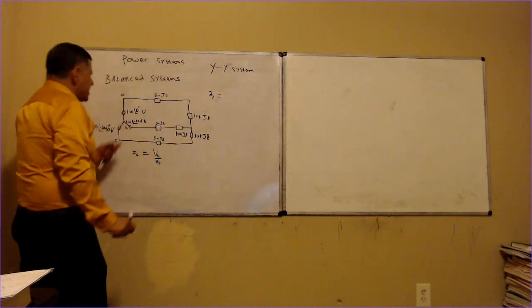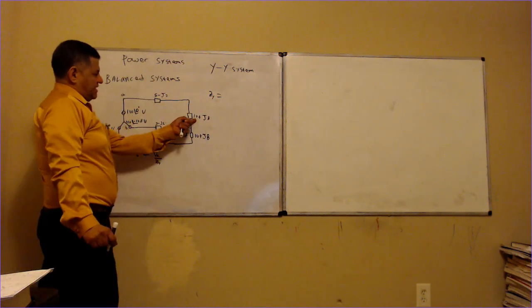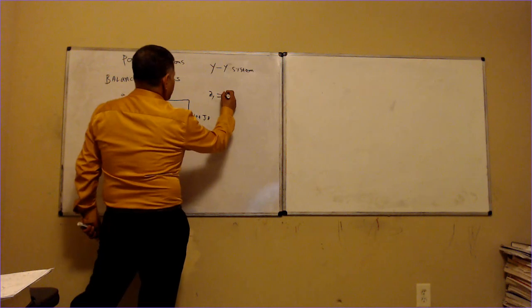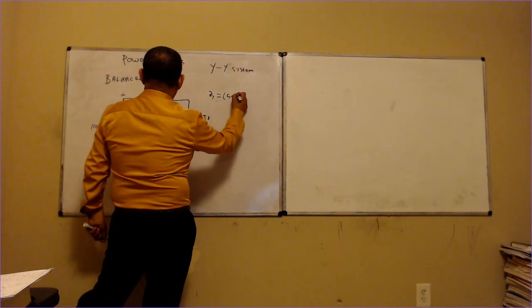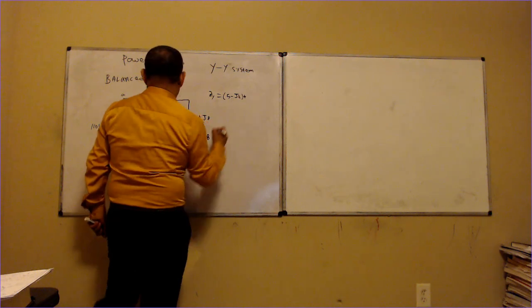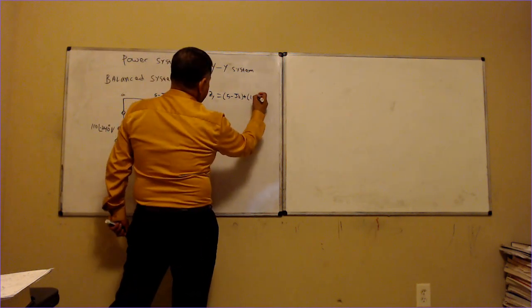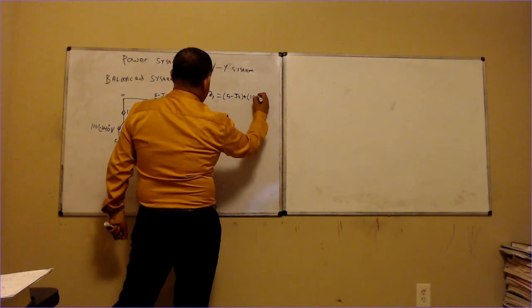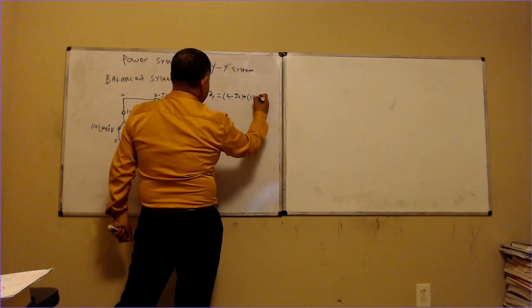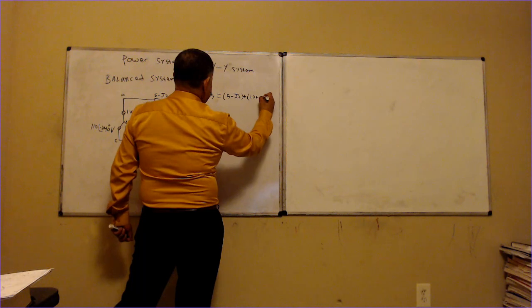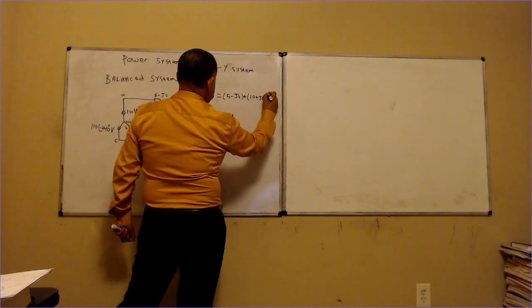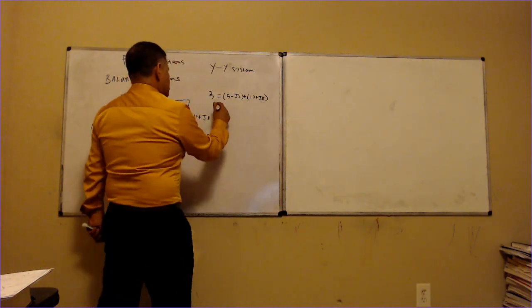And ZY is going to be equal to this plus this. So it's going to be equal to 5 minus J2 plus 10 plus J8, right?